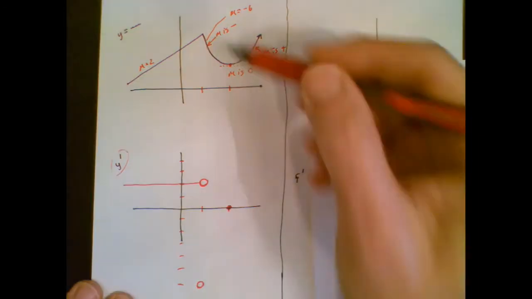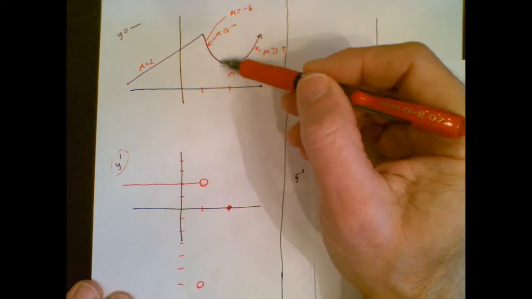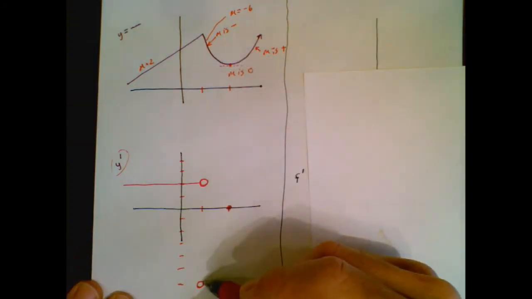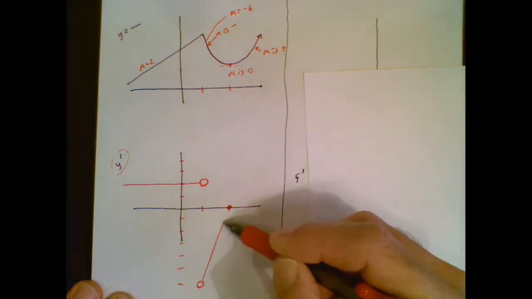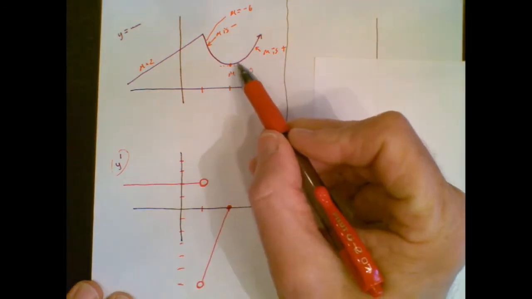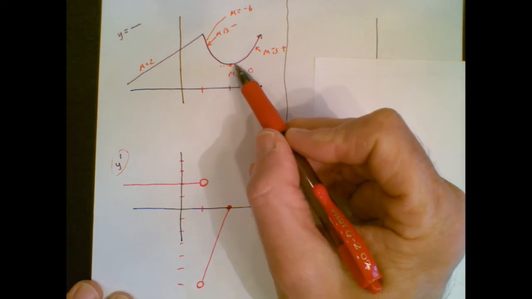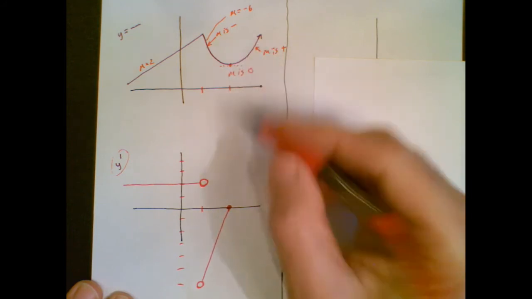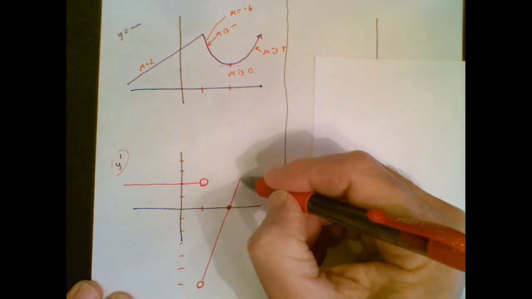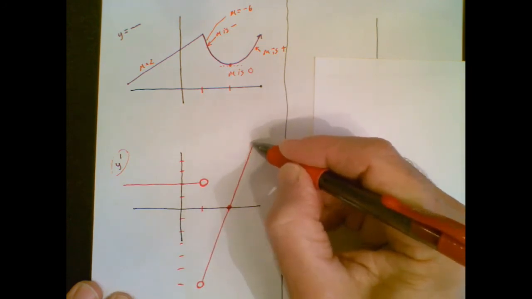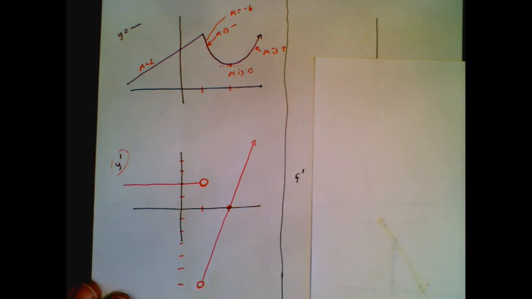So -6, I'm going to put the open circle there, and my slope is getting less and less negative until it's 0. My y values get less and less negative until they're 0. This is kind of a symmetrical mirror image on the other side. Slightly positive slope, growing more and more positive. The y values of my derivative are positive, growing more and more positive.